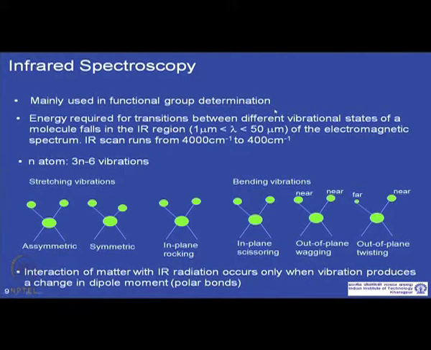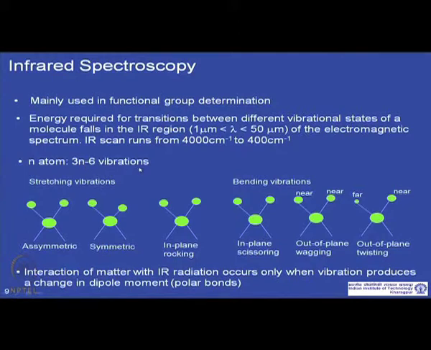It is basically a transition between different vibrational states of a molecule, and the energy gap between the vibrational states is such that it resonates with electromagnetic radiation having a wavelength of 1 micron to 50 microns. Typically we run an IR spectrum from say 4000 cm inverse to 400 cm inverse, and for a non-linear molecule with n atoms, the number of vibrations is 3n minus 6.